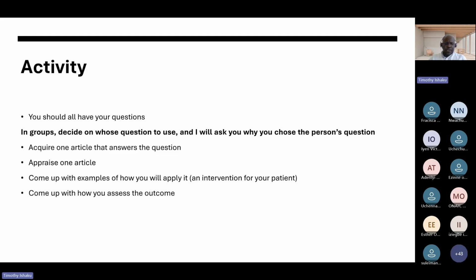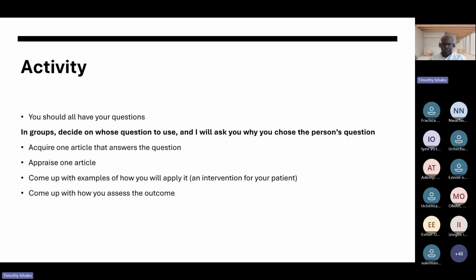While you are looking at that article, I will add a bit of a layer to it. Can you scan the article? You don't have to read the whole of it. Just scan through the abstract and look at the intervention or outcome, the particular area of investigation they are interested in.